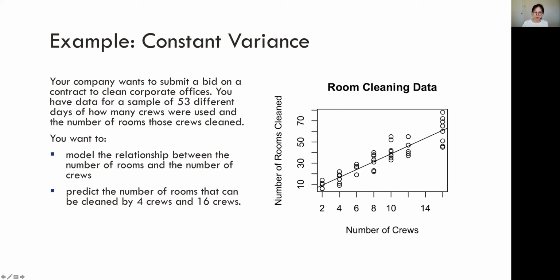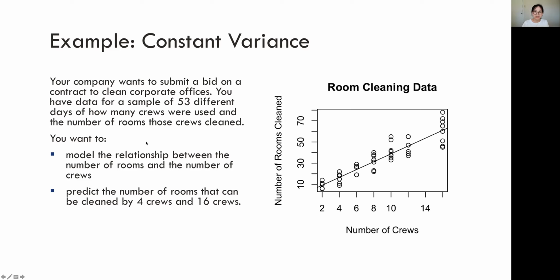I have a new example here. Let's just go through it. Your company wants to submit a bid on a big contract to clean corporate offices. You have data for a sample of 53 different days of how many crews were used and the number of rooms those crews cleaned, so n equals 53.